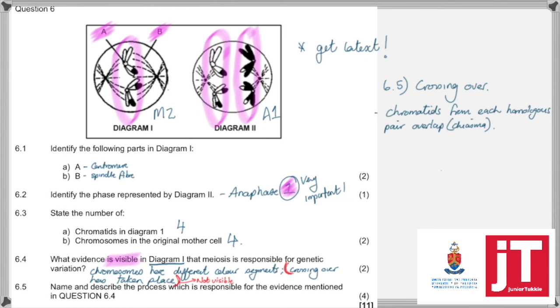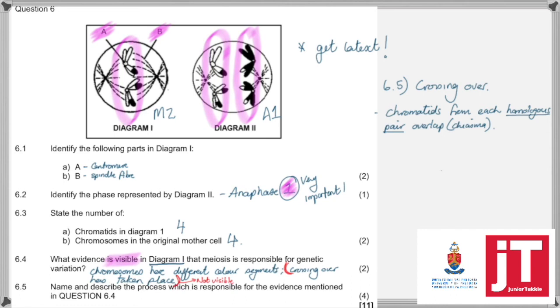That's the point of crossing over. And we've got the exchange of genetic material. You'll see I've underlined homologous pairs here because my chromatids don't just cross over with chromatids from other chromosomes. Chromatids of homologous pairs overlap and exchange genetic material.